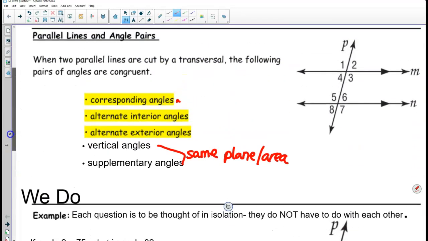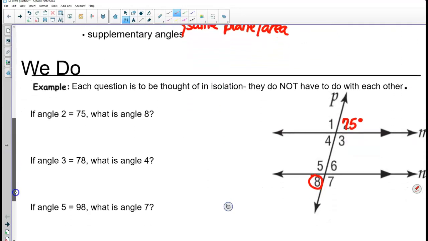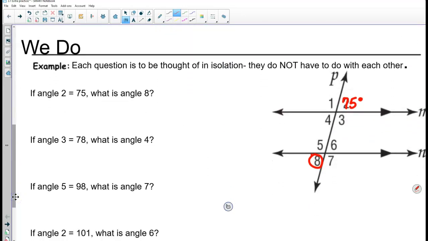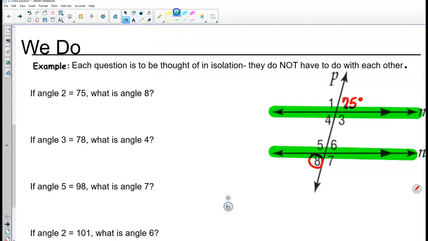So we can look at either corresponding, which means if I were to plop them on top of each other, alternate interior, or alternate exterior. What helps me is to always use my highlighting to figure out interior or exterior. So I'm just going to highlight my parallel lines. And right away I see 75 is on the outside, and I notice 8 is also on the outside. Just to double check myself, are they opposite each other across the transversal? 8 and 75 are.